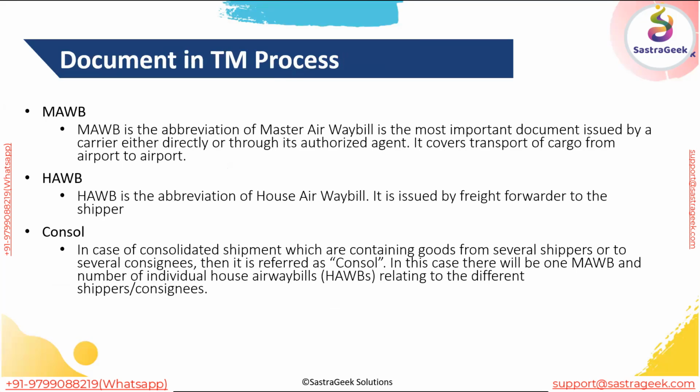Then I come to the last topic for the day, that is documents that are more commonly used in TM. So MAWB and HAWB are nothing but your bill of lading. MAWB is an abbreviation of Master Airway Bill in case of air, and it is called Master Bill of Lading in case of ocean transport.